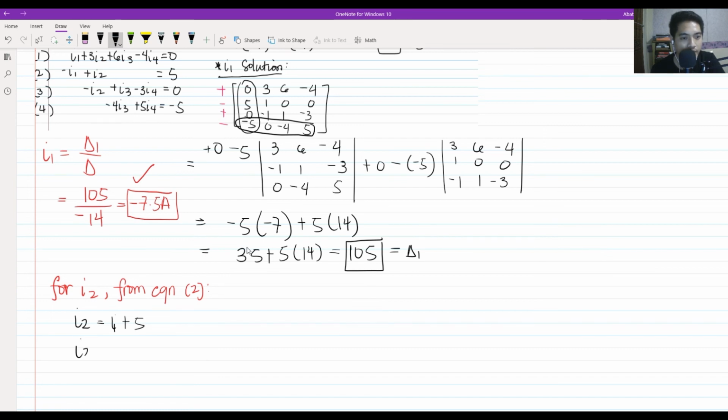So our I sub 2 would be, I sub 1 is negative 7.5 amperes plus, this is still 5 amperes, because it's a current source. So we have negative 2.5 amperes.